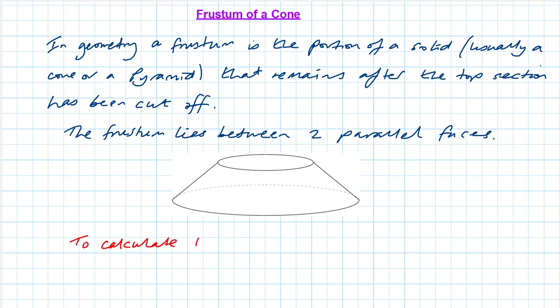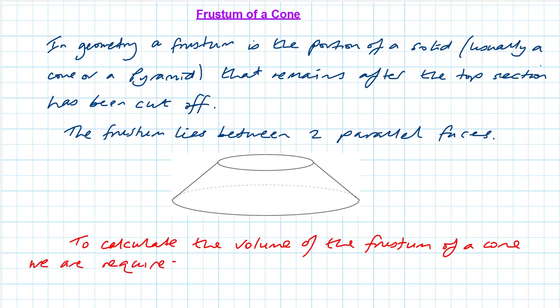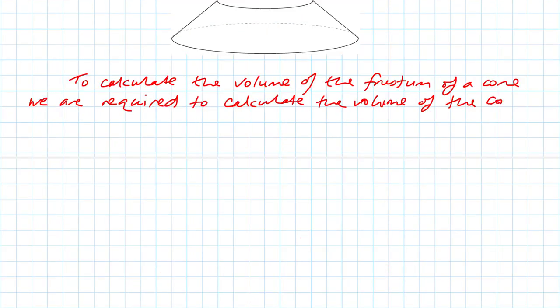To calculate the volume of the frustum, in this case the frustum of a cone, all we have to do is find the volume of the whole cone, so imagine the top piece is still there. We find the volume of the piece that's been chopped off, and then we find the difference between the two of them.